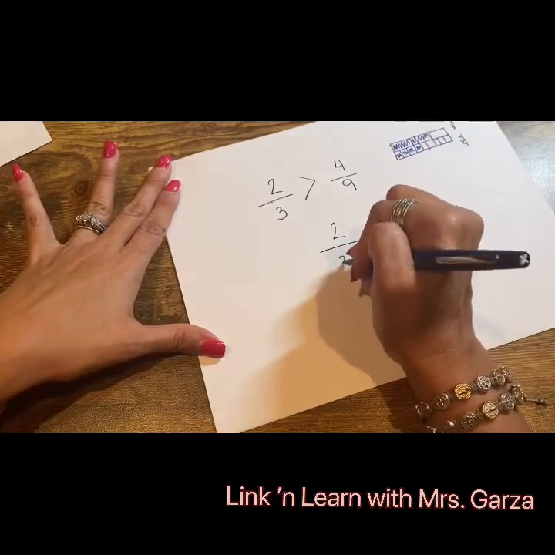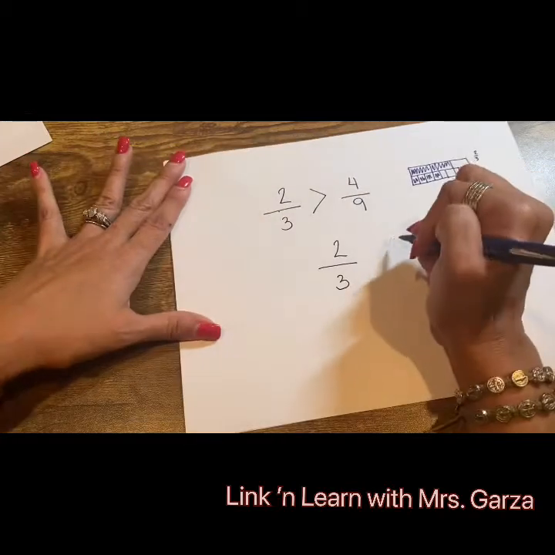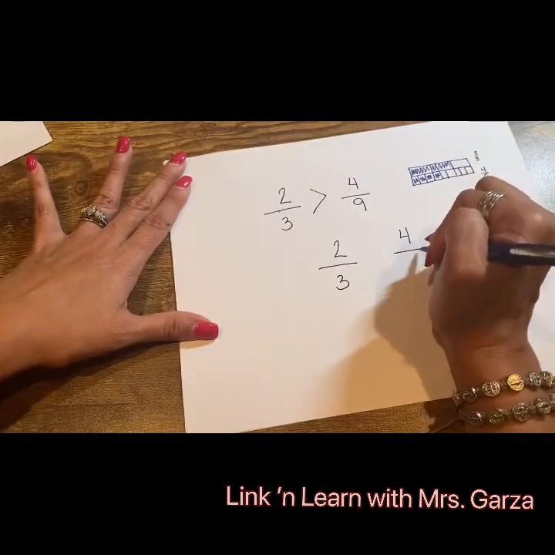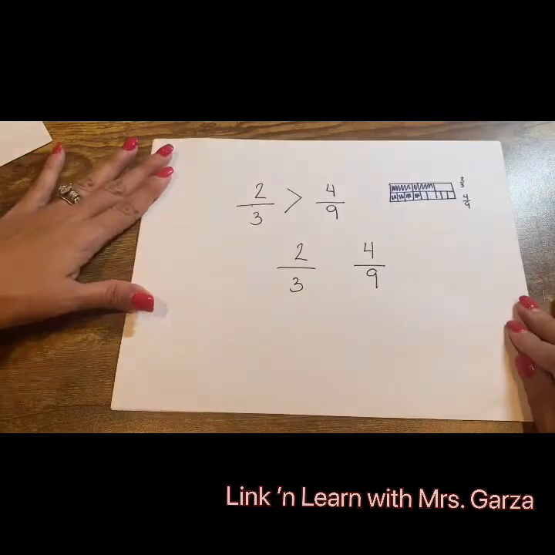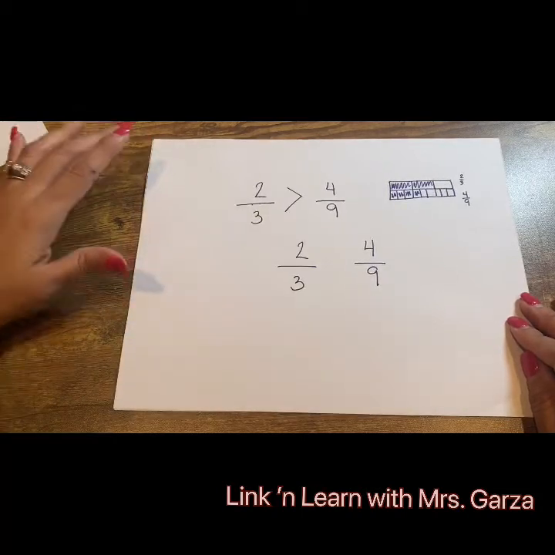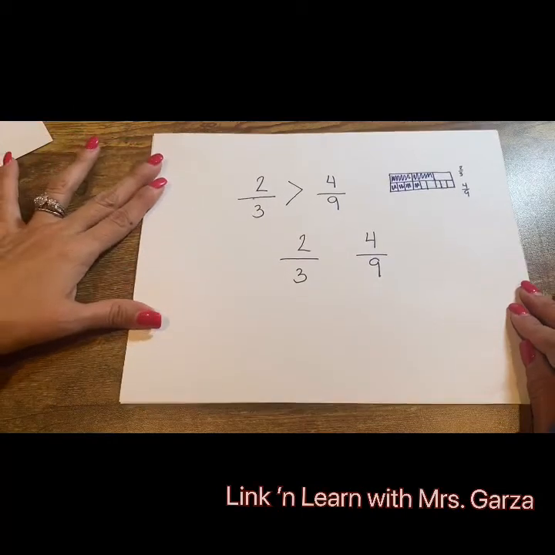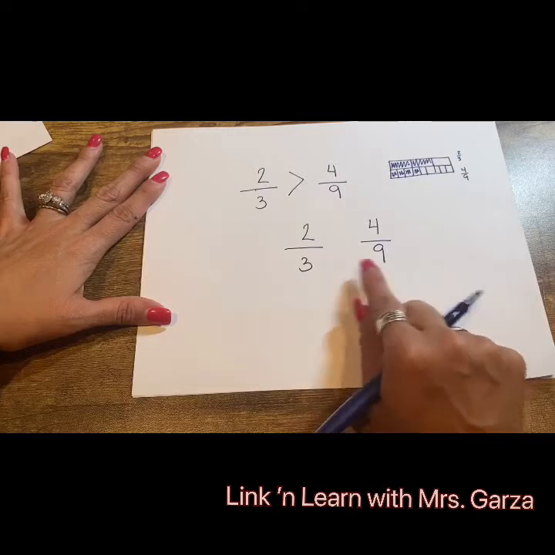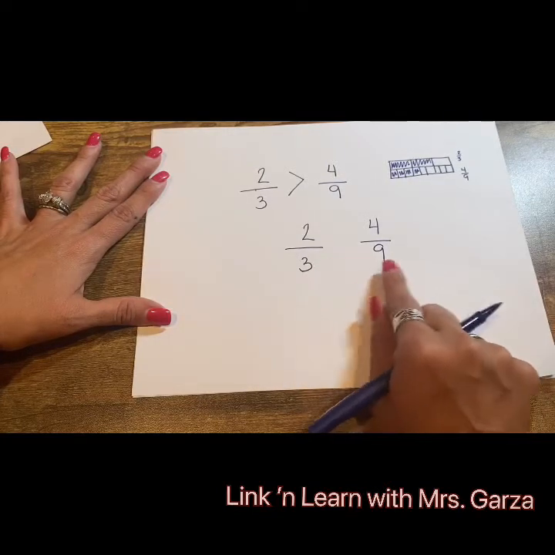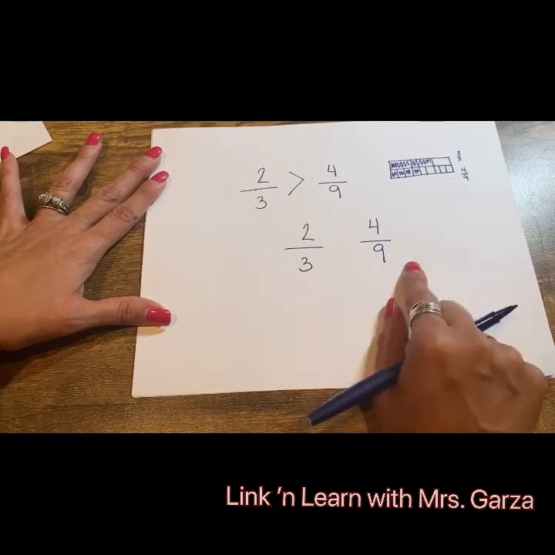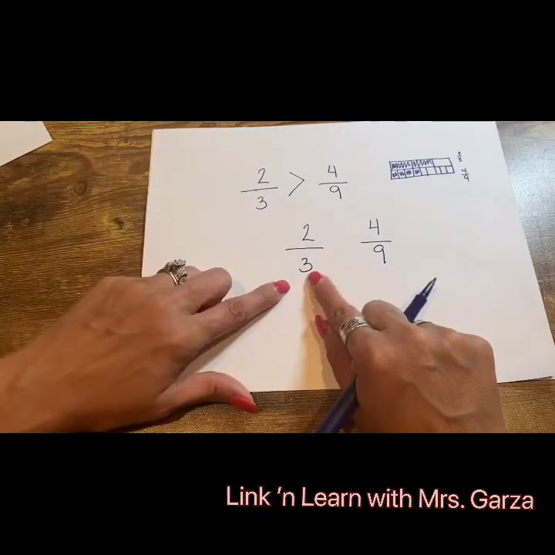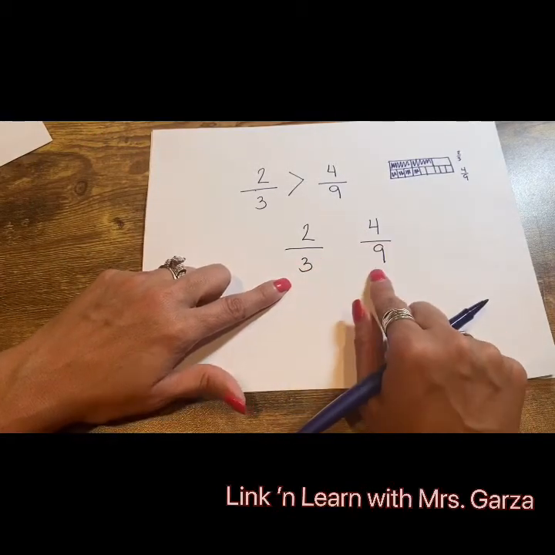Let's go ahead and make this the same denominator, okay? So we have 2/3 and 4/9. Now to make this the same denominator, what you're going to do is you're going to multiply. Okay, so I'm going to kind of switch, or multiply using the opposite denominator. So for example, here I have 2/3 and here I have 4/9.